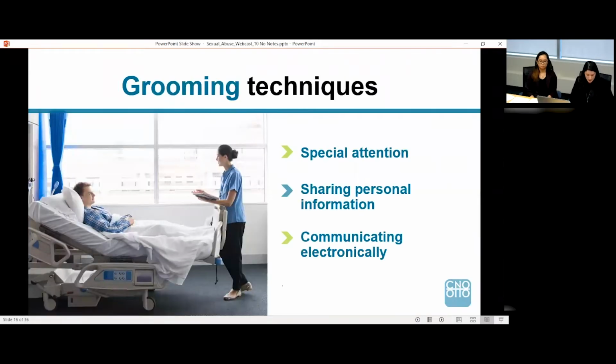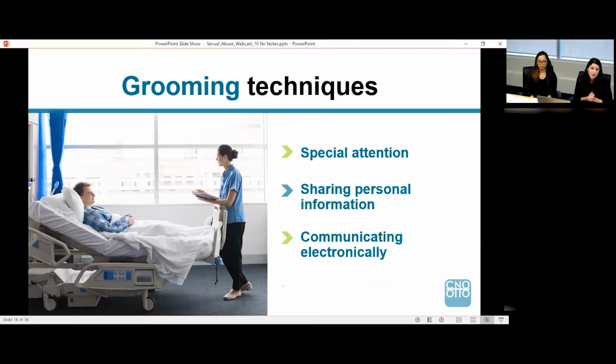When we looked at the incident, we looked at what behaviors preceded sexual abuse. Grooming techniques are techniques that can be used to draw a patient in or to build trust with a patient. Why is this important? If we can understand what precedes sexual abuse, then we can potentially prevent it from happening. In CNO's research, the most common technique was giving special attention to a patient.